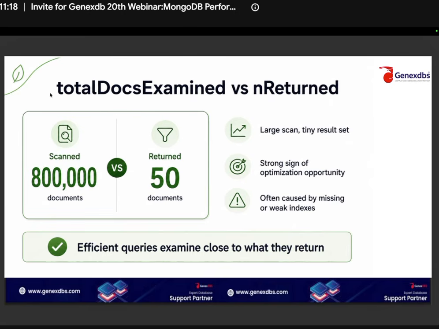So there will be a big difference between totalDocsExamined and nReturned. We have to optimize this issue by creating an index so that MongoDB scans only the required documents related to that index. If the query is efficient, then it should examine close to what it returns, meaning totalDocsExamined versus nReturned will be close.